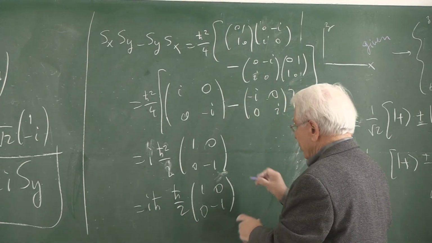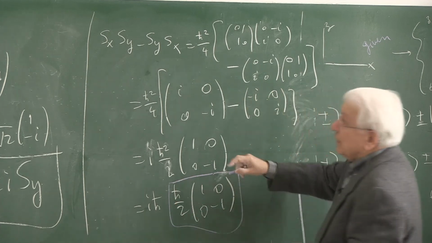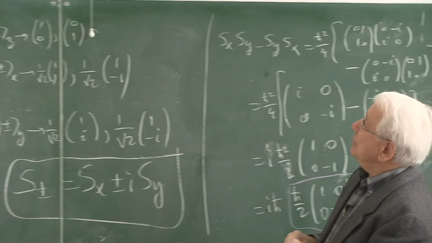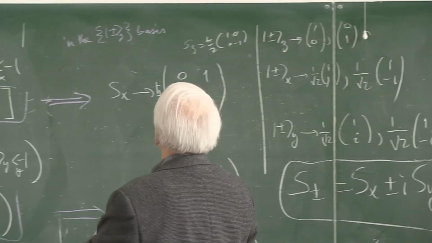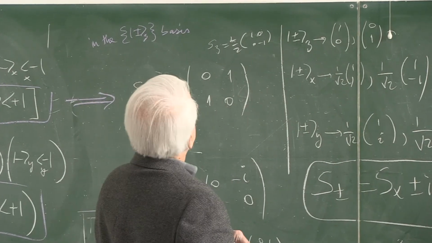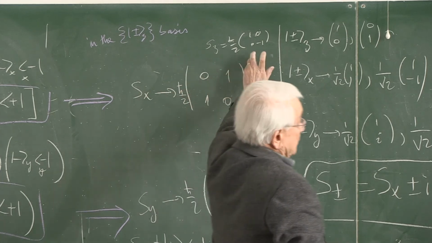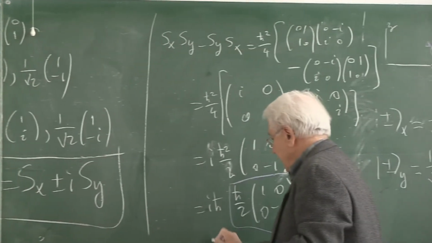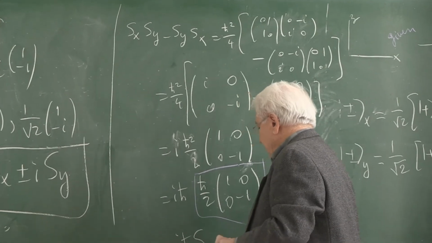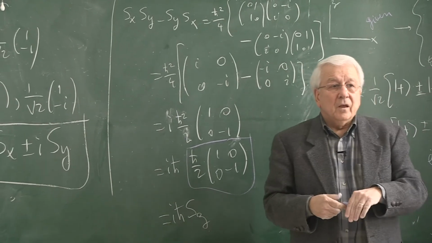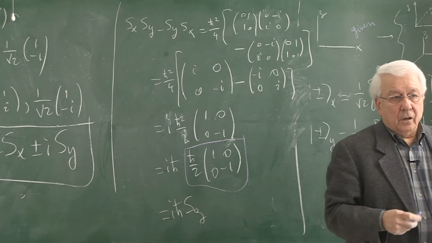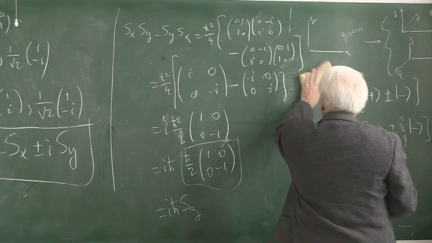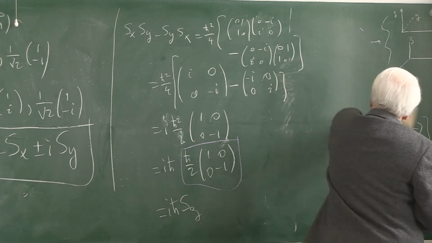And you already recognize this as the first, where was it? Somewhere we erased, I guess, Sz. Up there, yes. Nice, isn't it? We had a beautiful algebra coming out. I can now write it in a more general fashion.